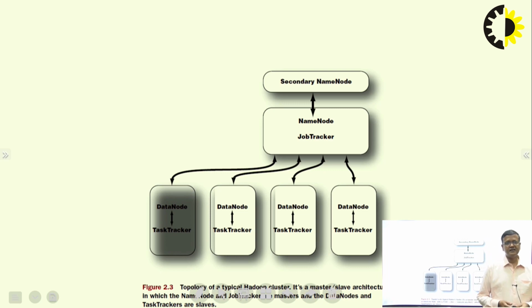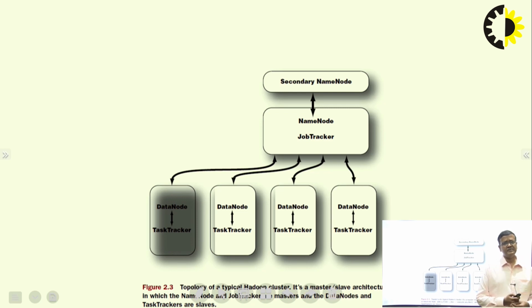So this is the typical topology of a Hadoop cluster. Like I said, the secondary name node sits on top of your name node server. Your name node has its own server and your secondary name node also has its own server. But your job tracker can reside in the same server as the name node server.